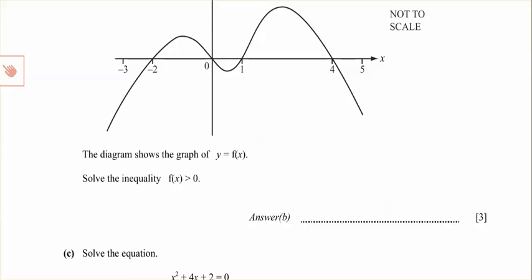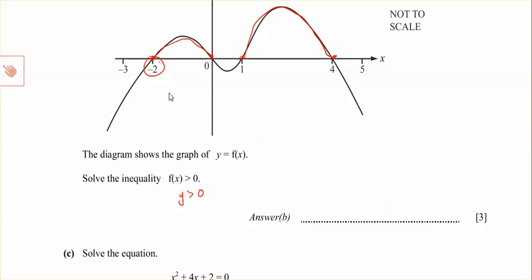Solve the inequality where f of x is greater than 0. f of x, also known as y. So where is y greater than 0? That's from this point up, down, stops there, and again there and there. So we've actually got 2. Now at that point there, f of x is equal to 0, so we can't have that point.